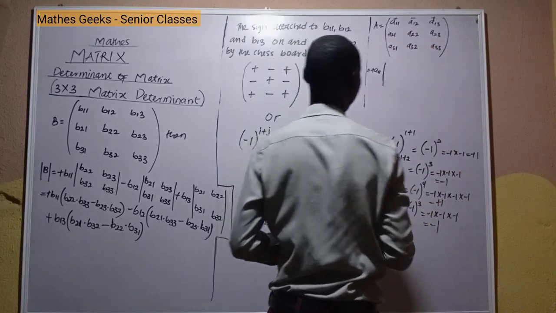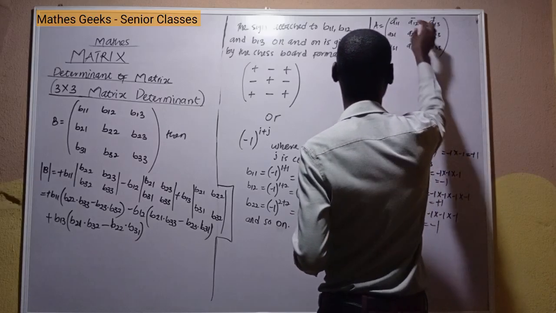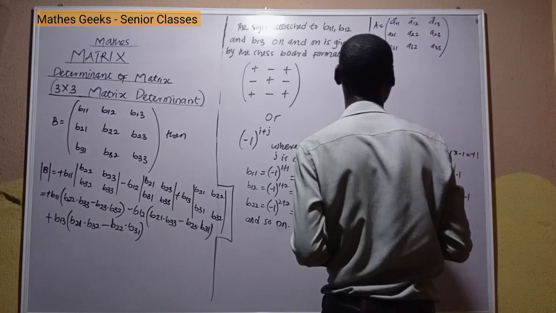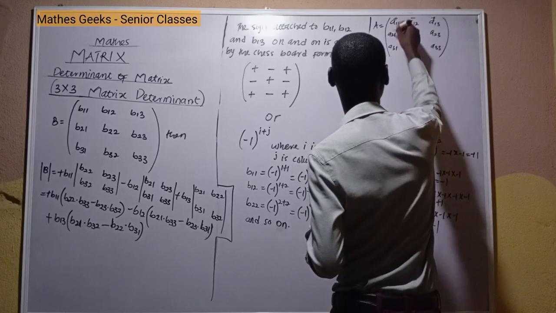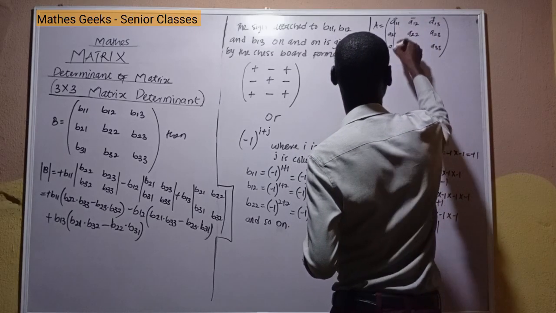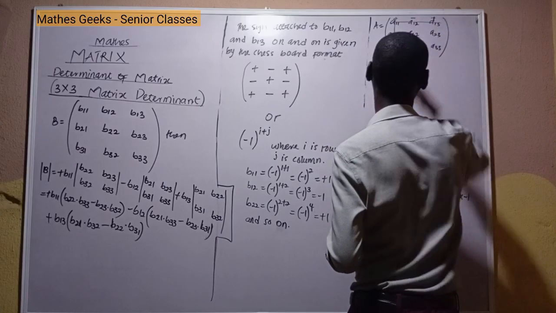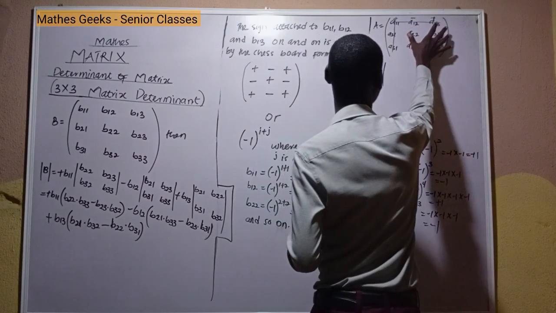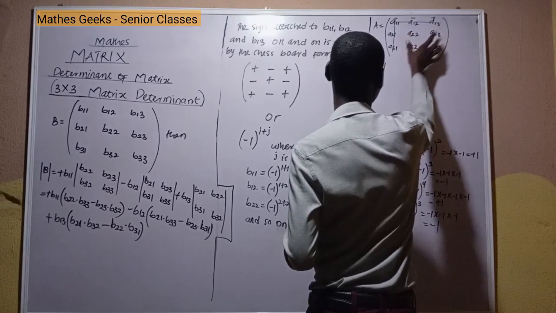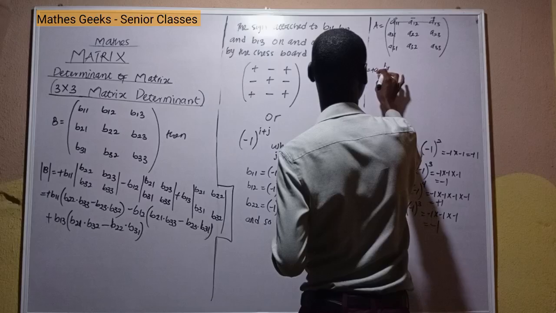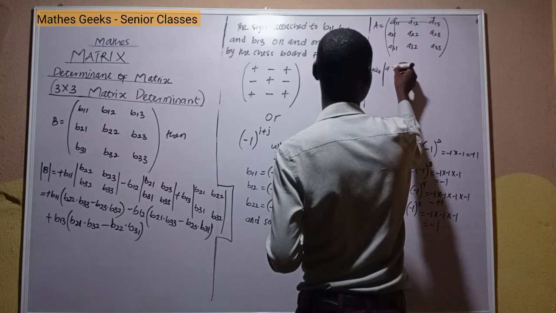Since we factor E11 out, the first row and the first column will be eliminated or covered. So what will be left is these 4 entries, and these 4 entries will form our 2 by 2 matrix for the E11 that has been factored out.